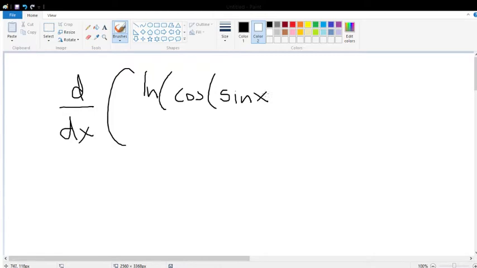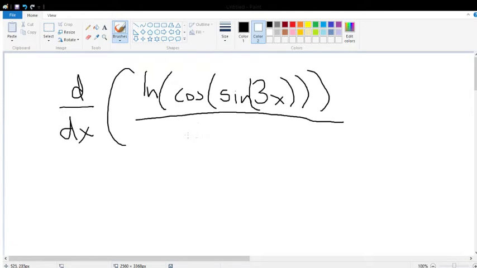Actually, this might take a while. And all this is divided by 3x squared.